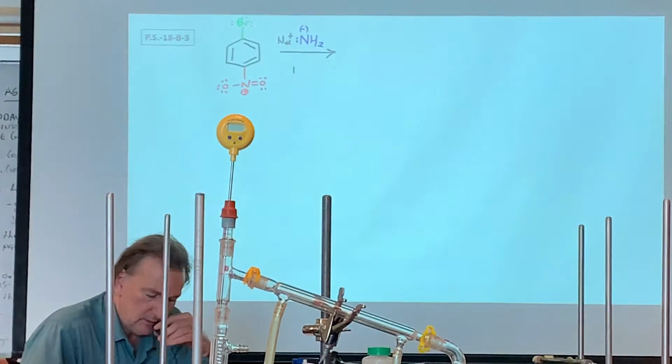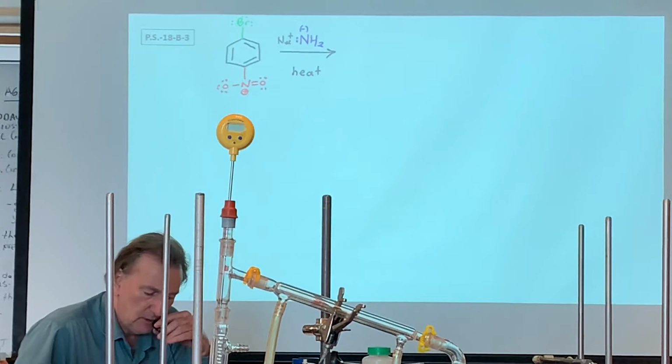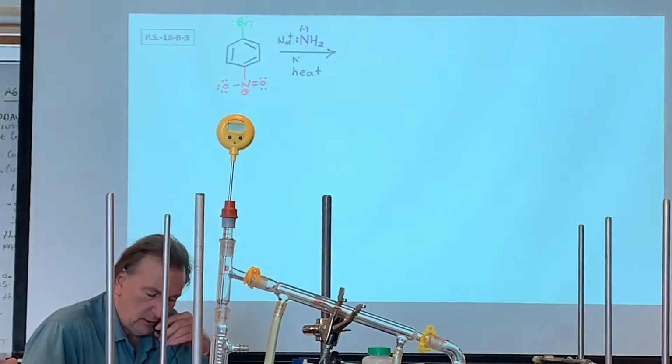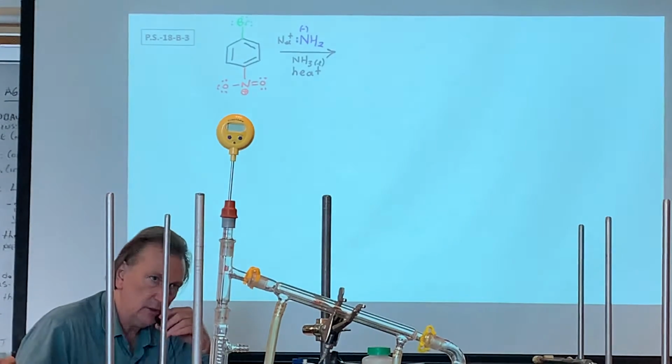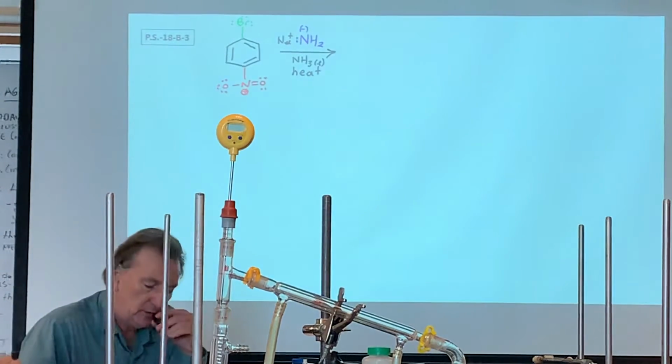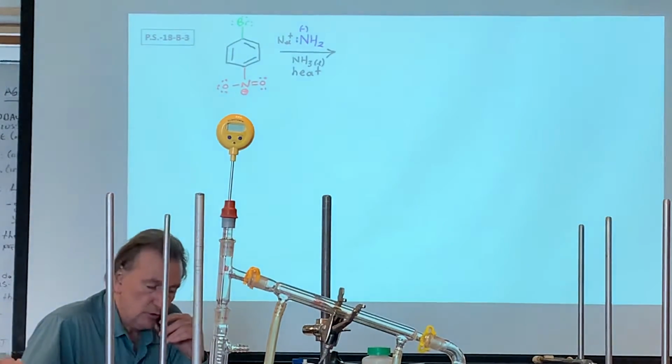We have heat. And sodium amide is solid, right? So in order to dissolve it, you need to dissolve it in ammonia, NH3 liquid, right? So you have NaNH2 solid, you dump it in liquid ammonia. So I'm highlighting in color the important parts, right? Okay. And of course we have heat.